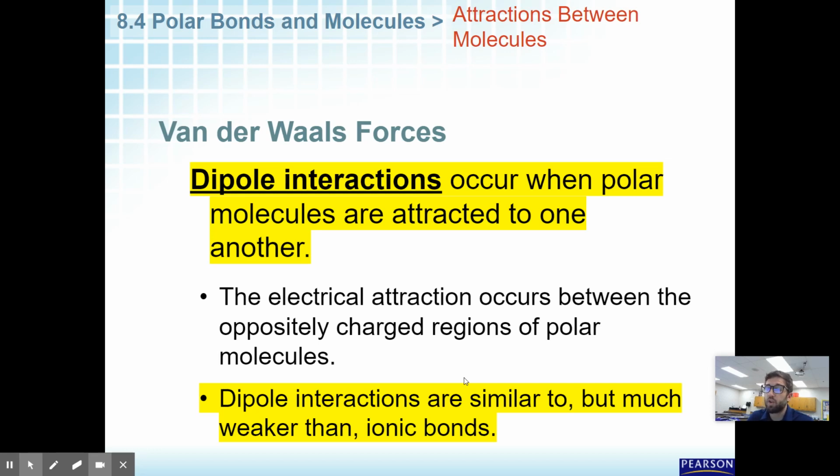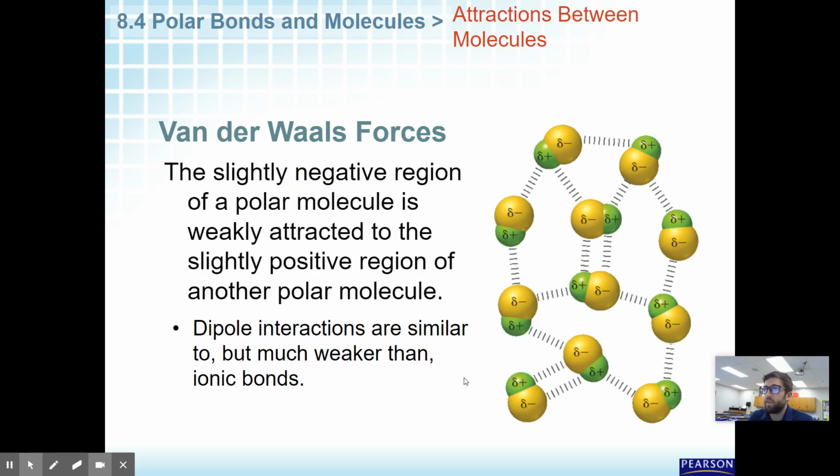And if it is polar, it always has dipole interactions because you have a net positive end and a net negative end, in terms of delta, which is slightly positive and slightly negative. So it's not completely positive or completely negative, as we've talked about. What's important to understand is dipole-dipole forces are for polar molecules, okay?